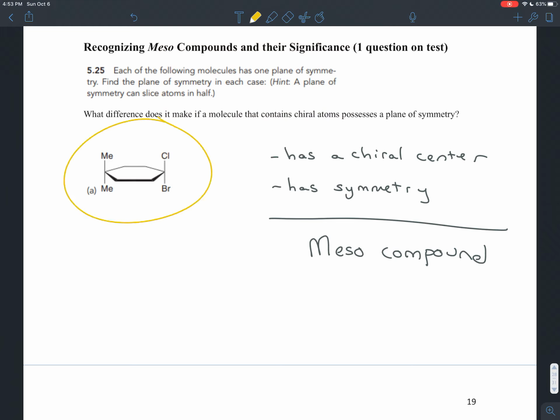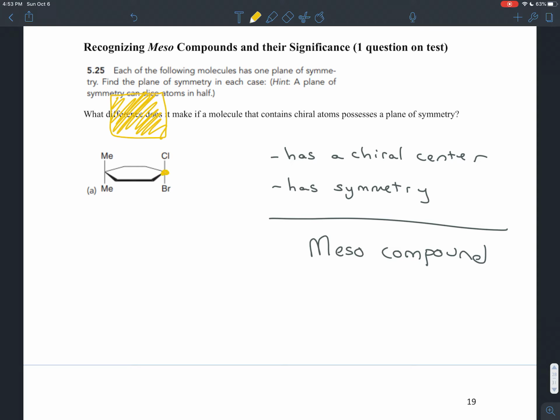In this first molecule, if you take a flat plane that's in line with your screen, and you cut the molecule right down the middle, half of the methyl group will be on one side, half on the other, half of the chlorine will be on one side, half on the other, half of the bromine on one side, half on the other.